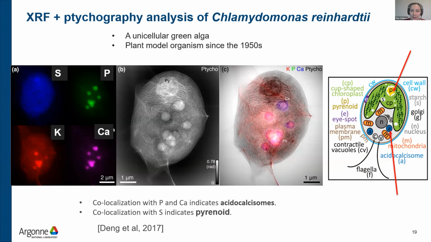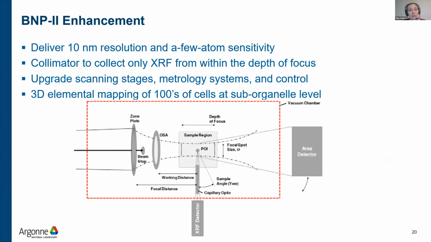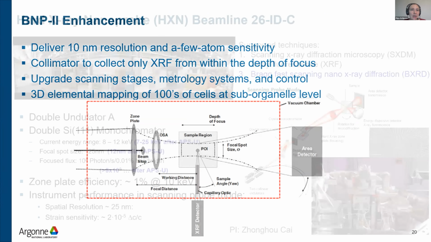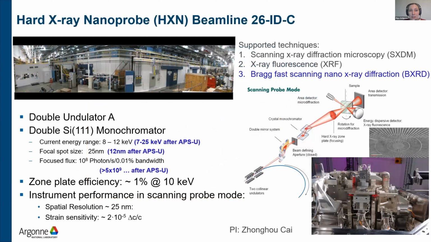After the upgrade, we will be able to reach 10 nanometer resolution with a few atom sensitivity and image hundreds of cells at suborganelle level. HXN, the hard X-ray nanoprobe at 26-ID, can also be used for biological and environmental science samples. It will achieve 12 nanometer resolution and expand energy range. It offers XRF and XRD.